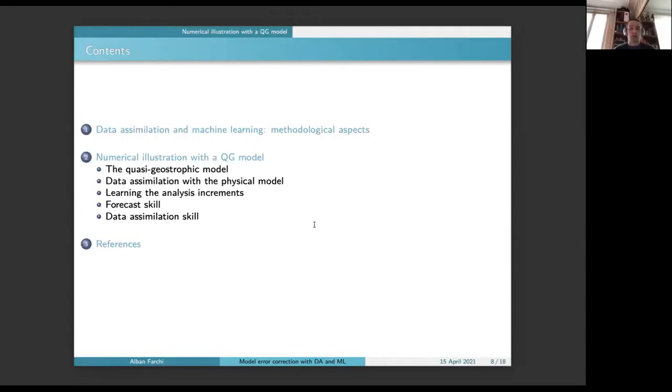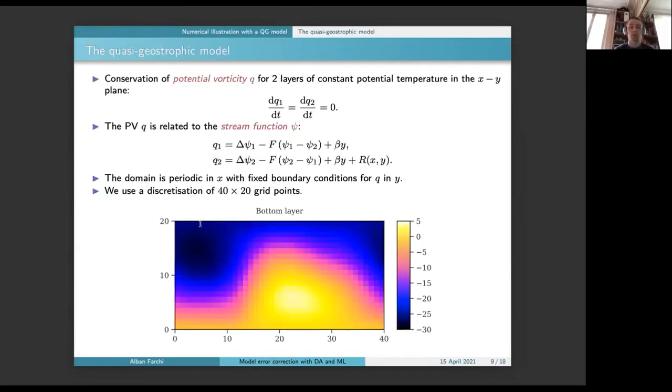So now we arrive at the second part of my presentation, which is dedicated to the numerical illustration. I will start by briefly describing the QG model. This model expresses the conservation of potential vorticity for 2 layers of constant potential temperature in a 2D plane.